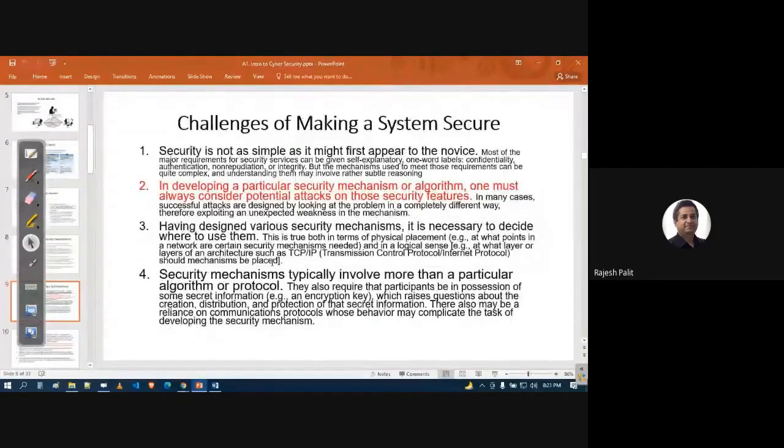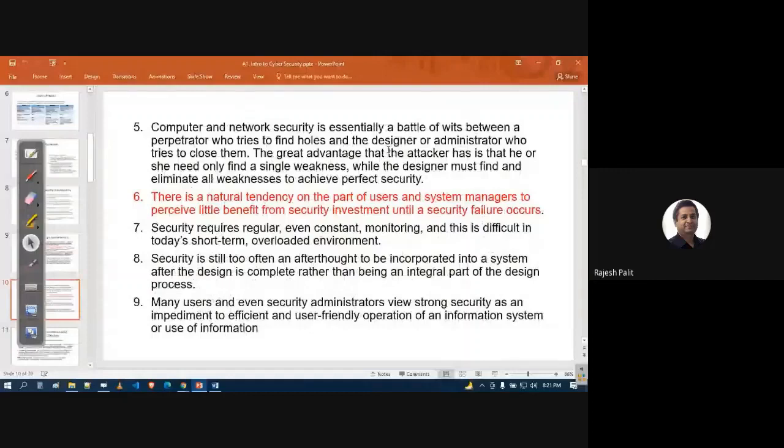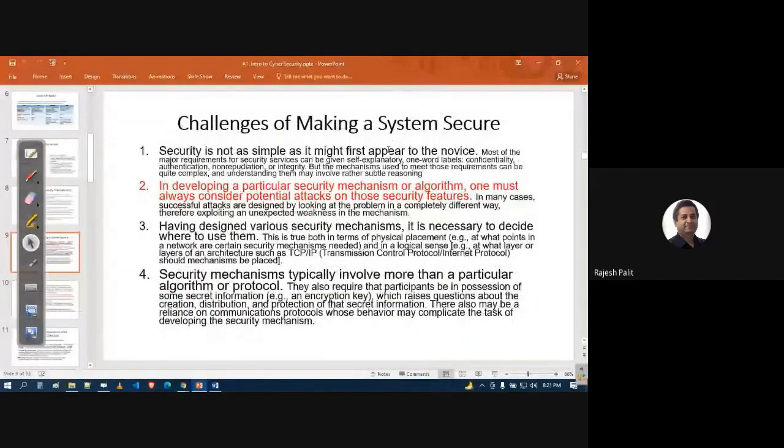Now, challenges of making a system secure. There are a number of challenges, but I will mention 2-3 of them. The first one is that it is very difficult to convince the management to spend money on security, to implement security mechanisms or security services.